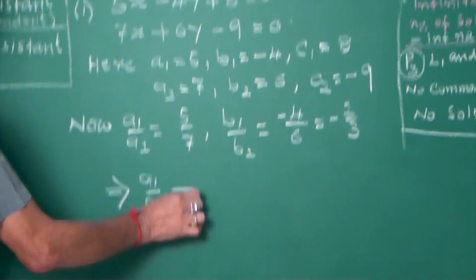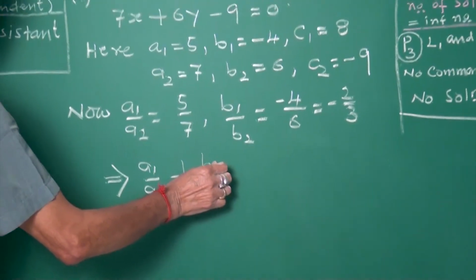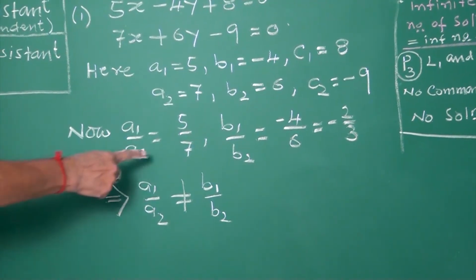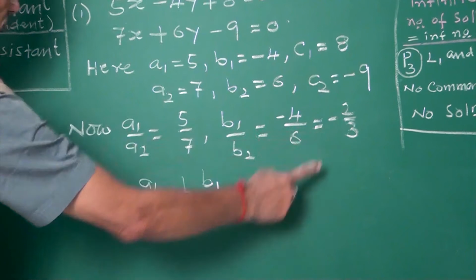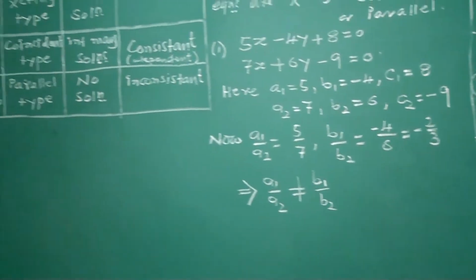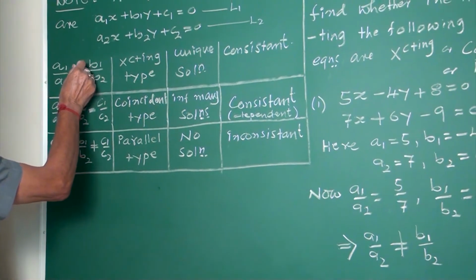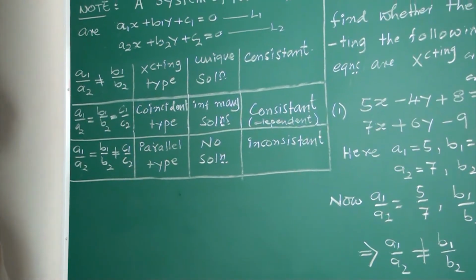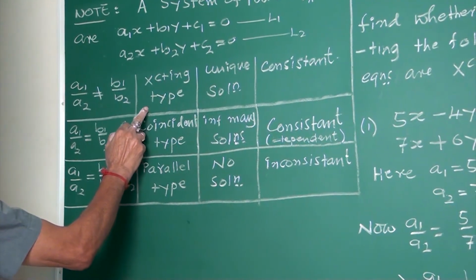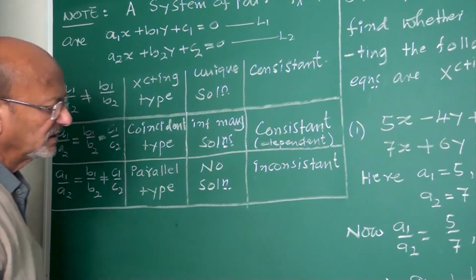A1 upon A2 is not equal to B1 upon B2. Yes or no? This is 5 by 7, it is minus 2 by 3. These two are not equal. When A1 upon A2 is not equal to B1 upon B2, it is intersecting type.